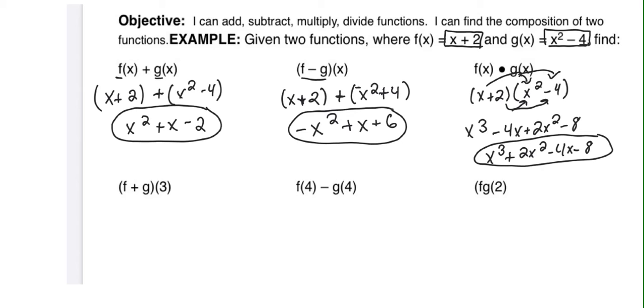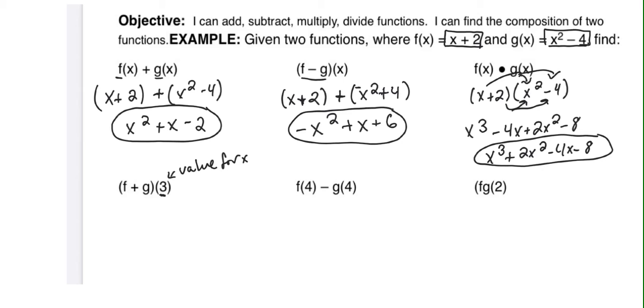That's when we're just combining the two functions. Now we're given a value for x. So instead of writing f of x plus g of x, we're going to plug in 3 for x into both of these equations.